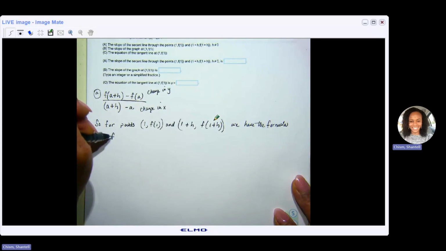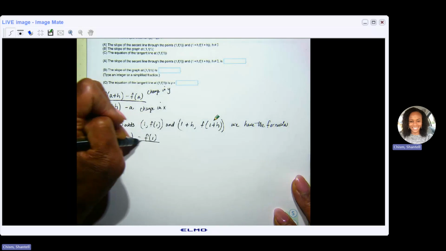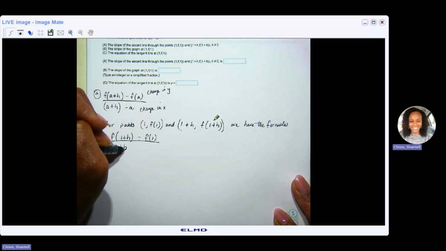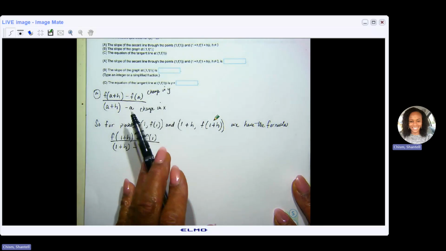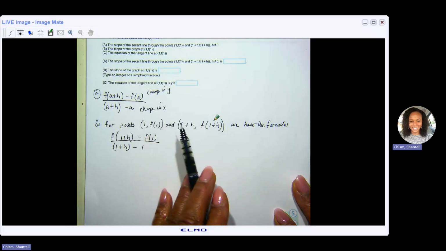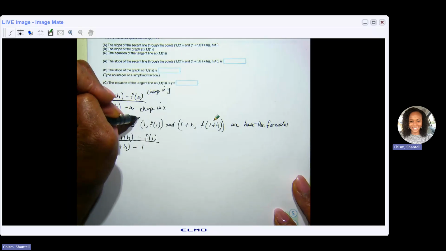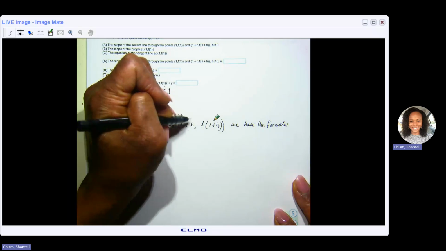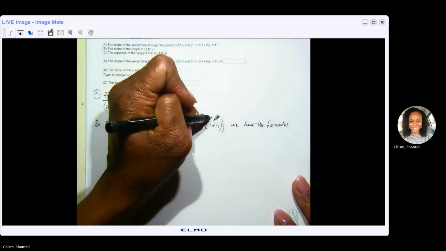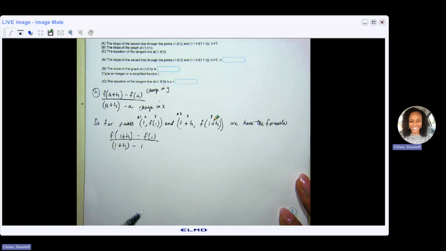So we'd have f at 1 plus h minus f at 1, over 1 plus h minus 1. Again, change in the y over the change in the x. I'm just editing this original formula to match our particular points. Remember, this is your first point, point number 1, so this is your x, this is your y, and this is point number 2, x2, y2, or x and y still. So the change in the y over the change in the x.